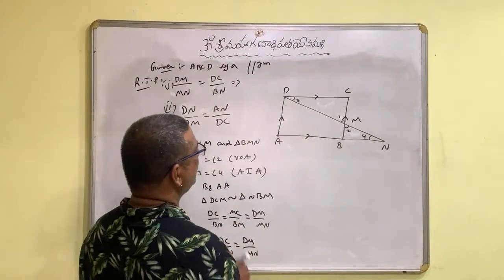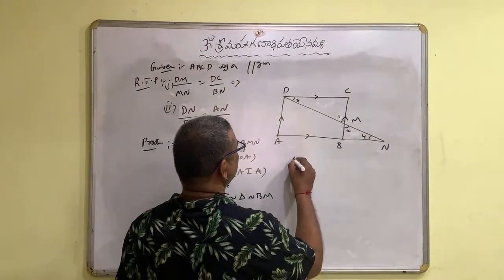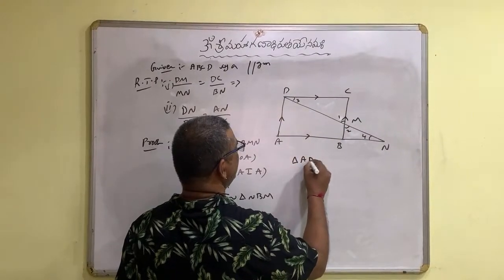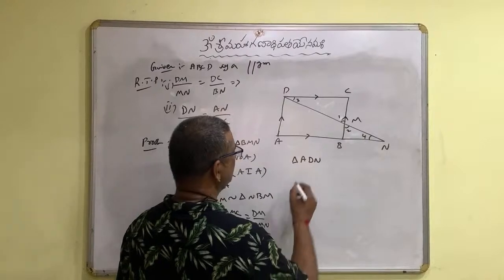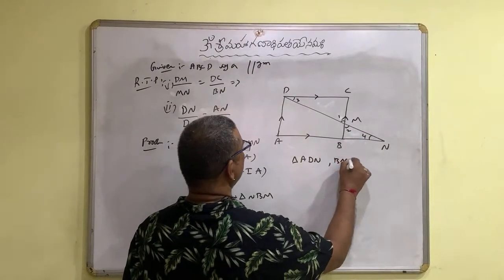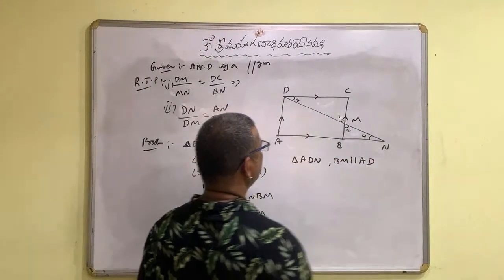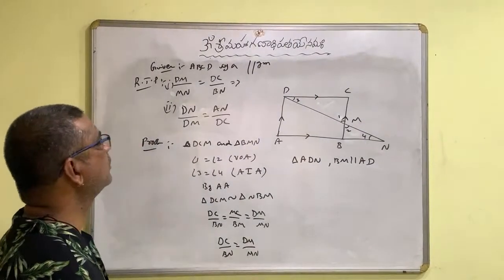Or you can apply basic proportionality theorem. Consider triangle ADN. BM parallel to AD.